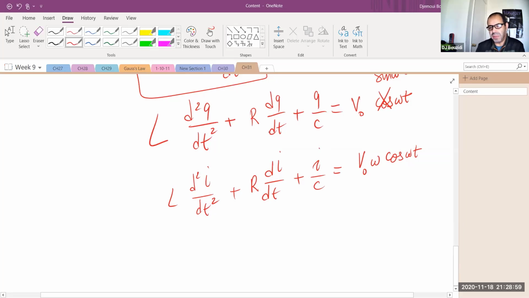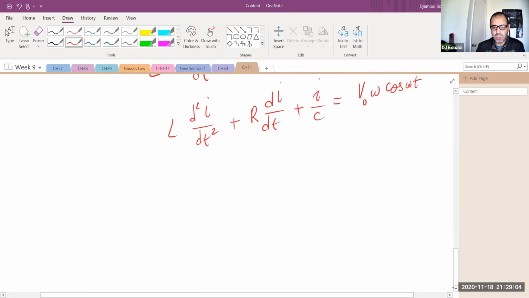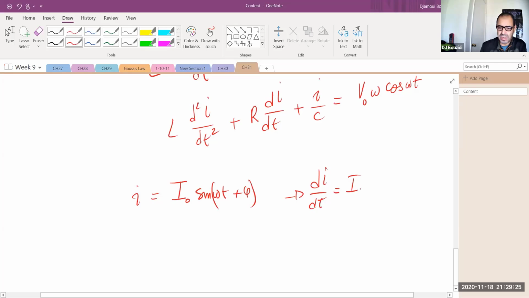Or we could have solved it in terms of the charge. It's the same thing. So I'm assuming the current has this form: I naught times the sine of omega t plus phi. So this is my current I. That means that di over dt will be equal to I naught times omega times a cosine of omega t plus phi.